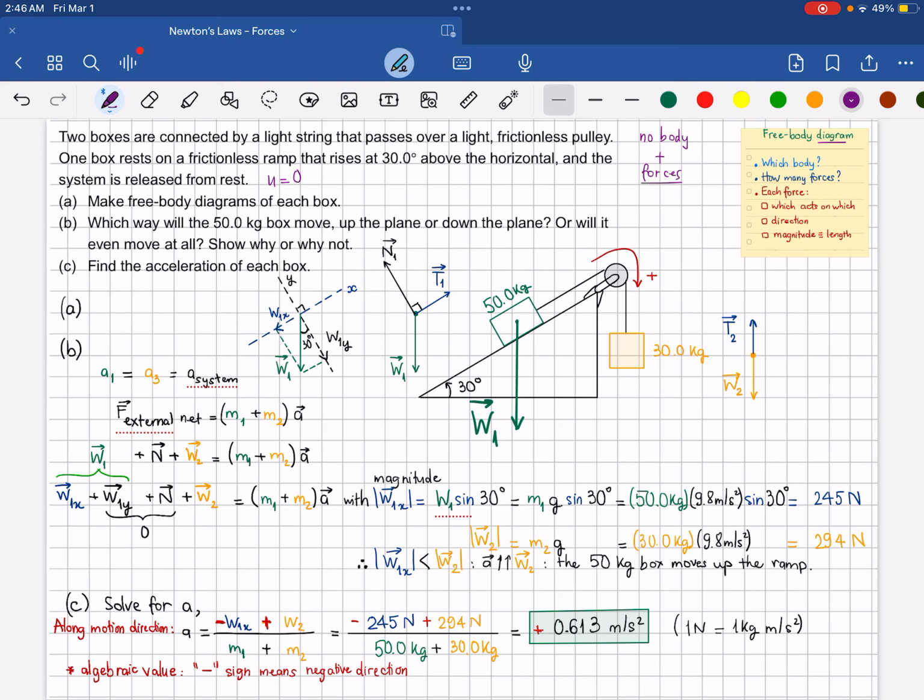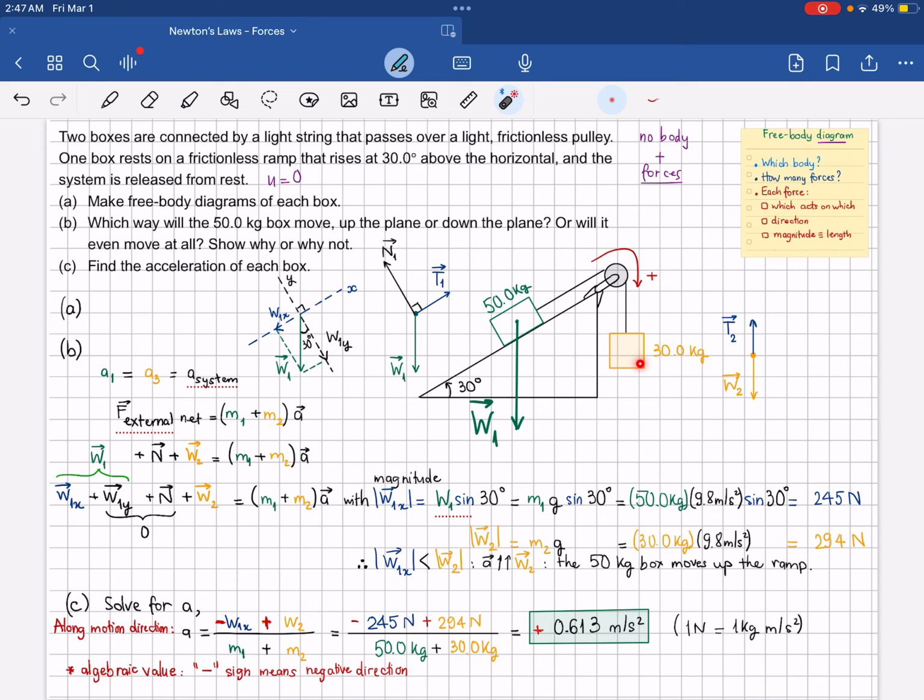So once we can identify which body we are drawing the free body diagram for, then we identify how many forces are acting on it, and then for each force we need to identify which object it is acted on by, on which object, the direction and magnitude, then we will get it done for the free body diagram. And then here we have two boxes, the orange one and the green one.